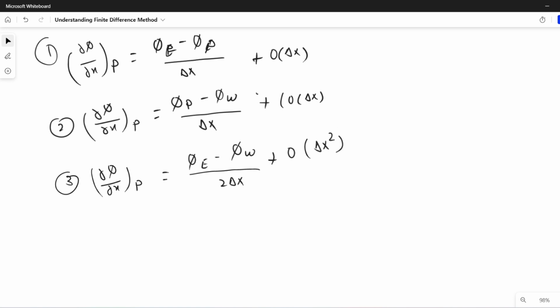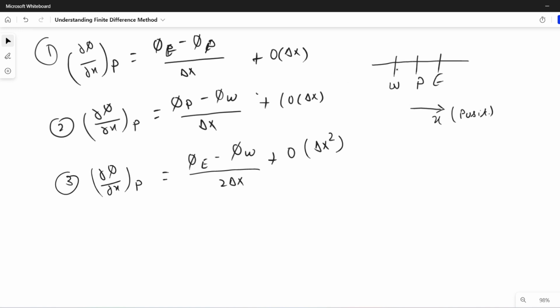Now we have computed the value of dou phi upon dou x at point P using point E or point W, or in the last case both points. This is my coordinate direction, the positive x direction.